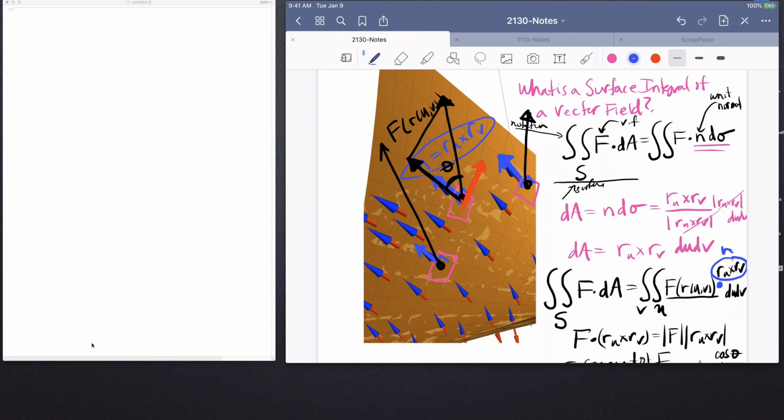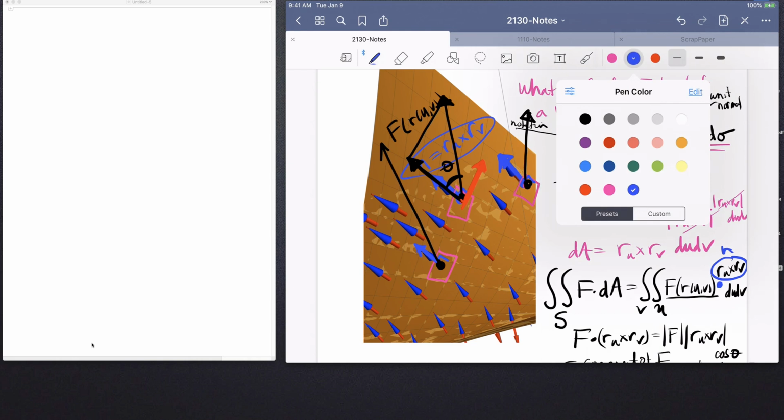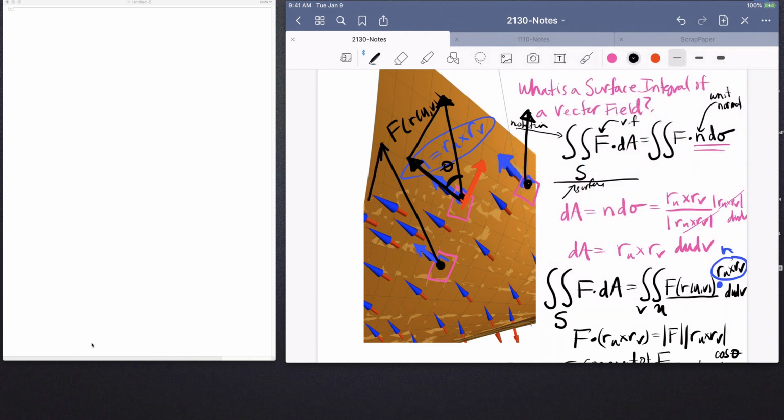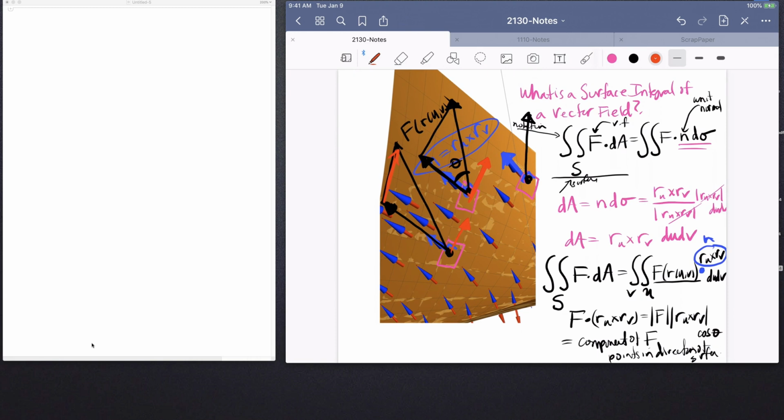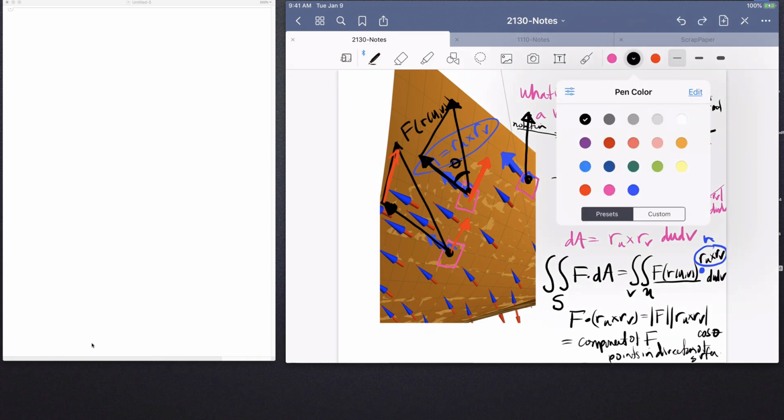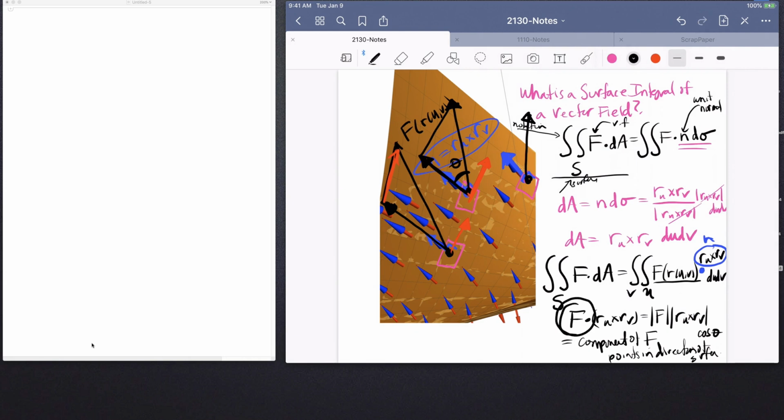So if we look at the vector field at every point, part of it points in the direction of the surface. That's this black arrow there. But then there is another part of the vector field right here that is pointing parallel to the surface. So what we're going to do in this double integral of a vector field across the surface is look at how much of the vector field is actually passing through the surface, how much is pointing in the same direction as the surface.